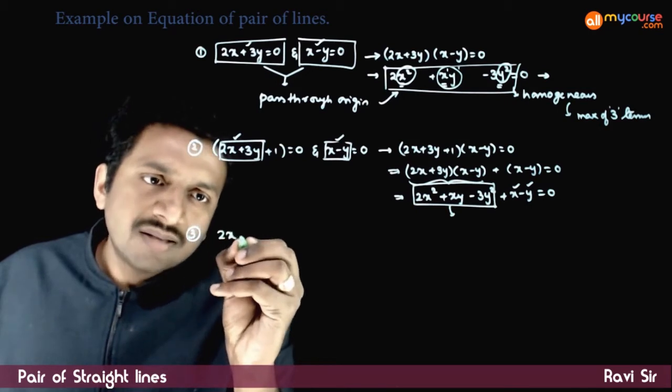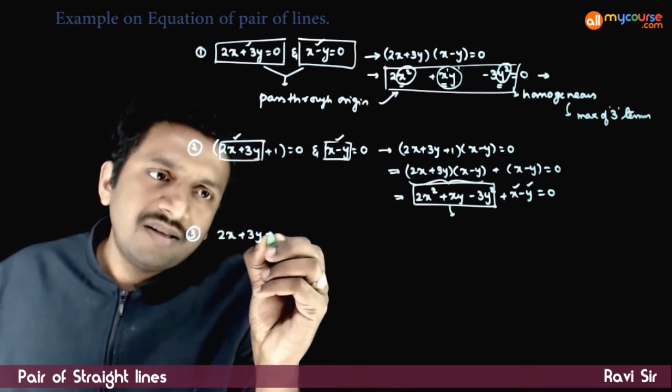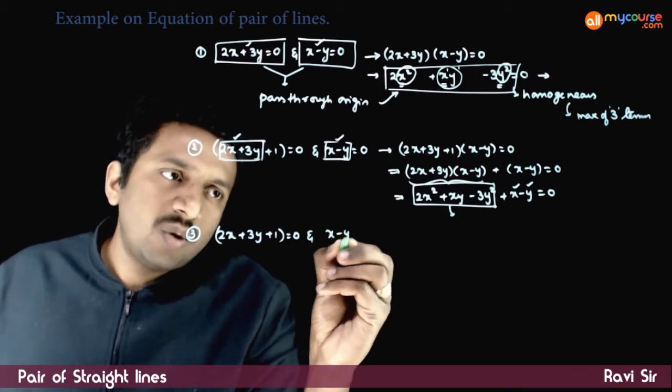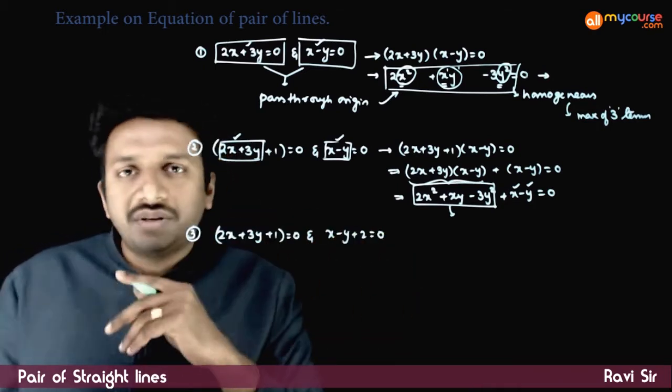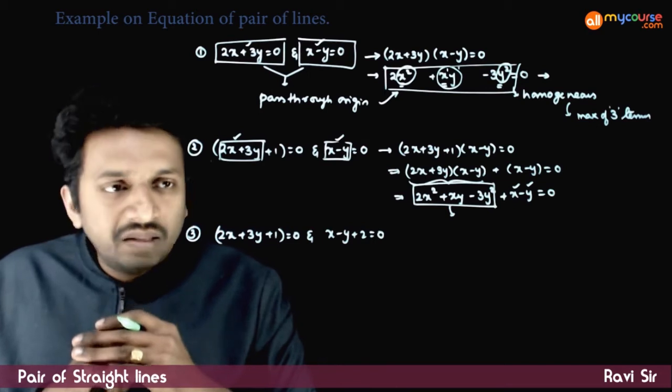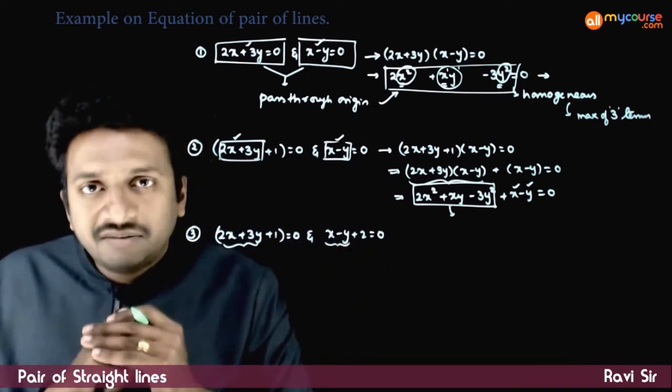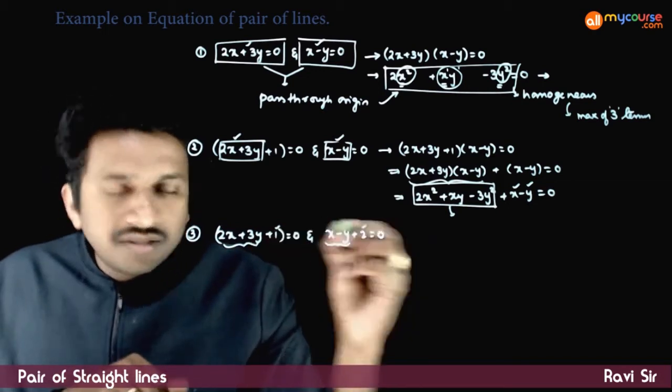So we have 2x plus 3y plus 1 is equal to 0 and x minus y plus 2 is equal to 0. Again, I am keeping the linear part intact. I am just adding the constants.